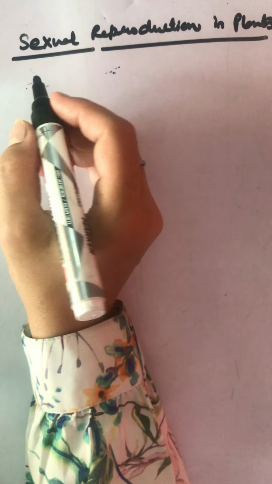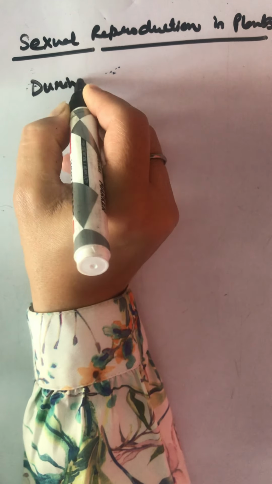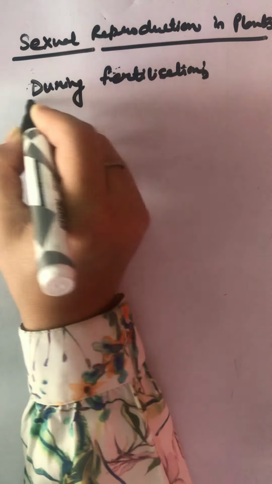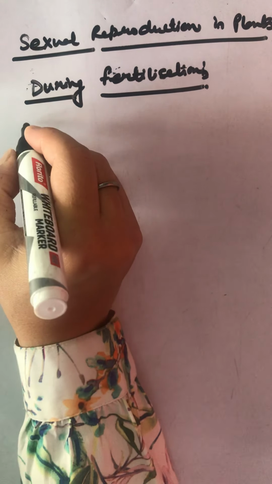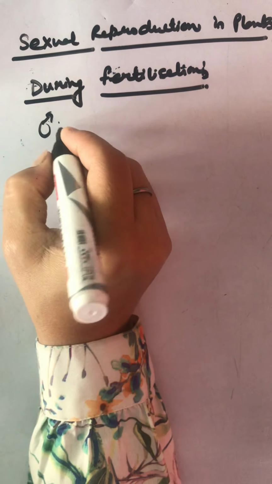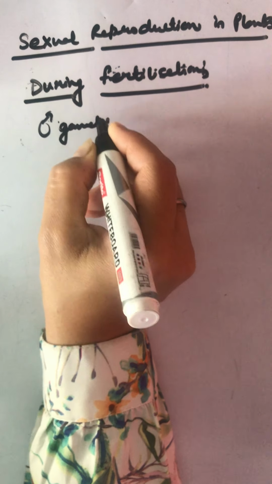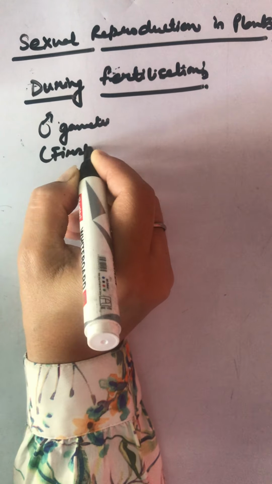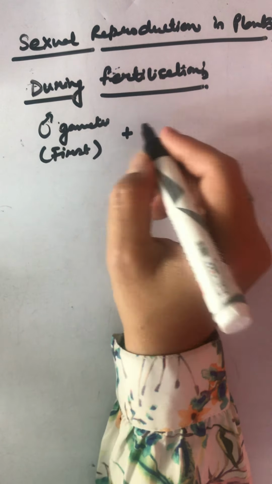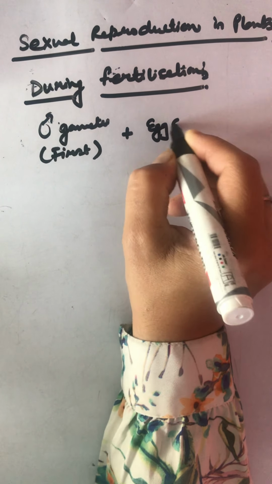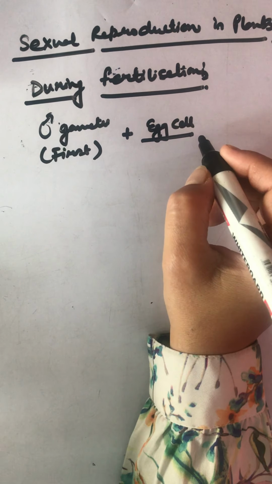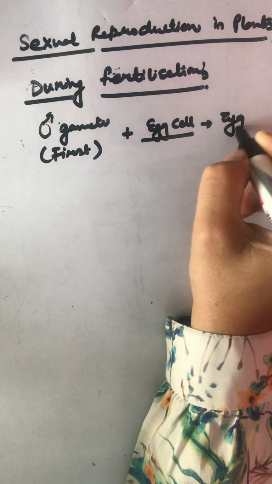During fertilization, one male gamete, that means the first one, fuses with that egg cell or the egg nucleus. What does it form? It will form the zygote.